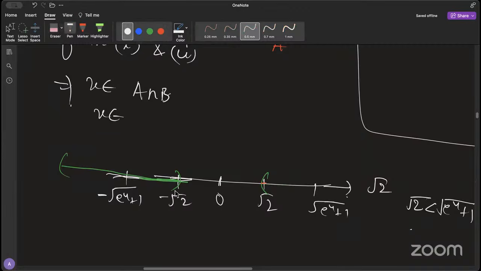Our interval here was minus infinity to minus root 2 for the first set and root 2 to infinity. And for this one, we had minus infinity to this number and this number to infinity, right?